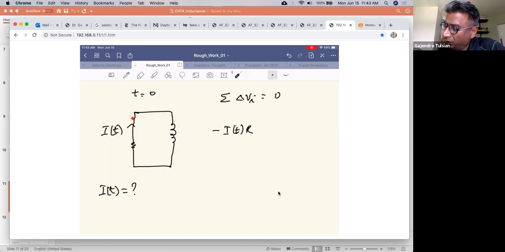The current is decreasing, so this end will become positive and this end will be negative because it wants to drive the current. It wants to keep the current increasing. Anyway, the current is decreasing. The voltage across this is minus L di by dt.